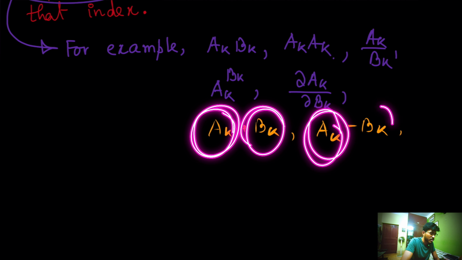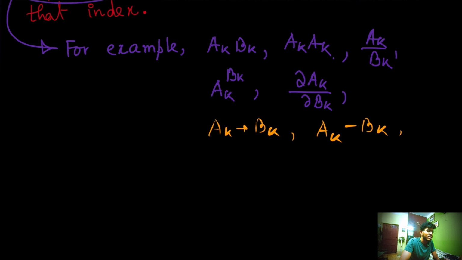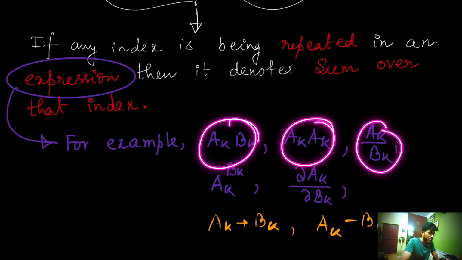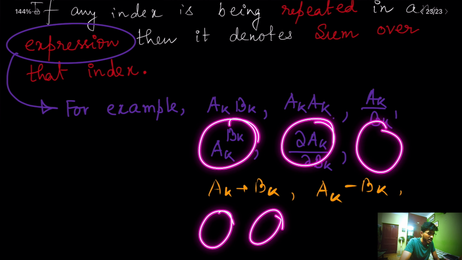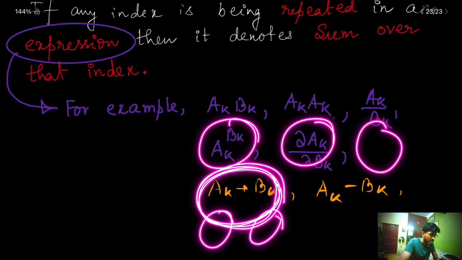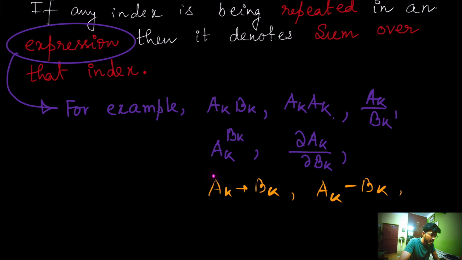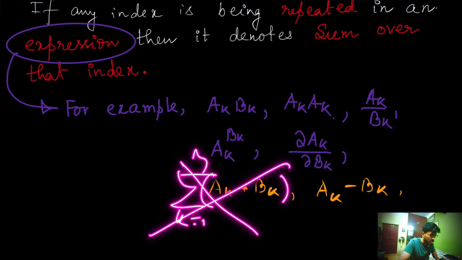You can call it a term. So this is a term, this is a term. But this is not a single term. This does not mean that this whole thing has summation over K equals 1 to 3. This is not the case.